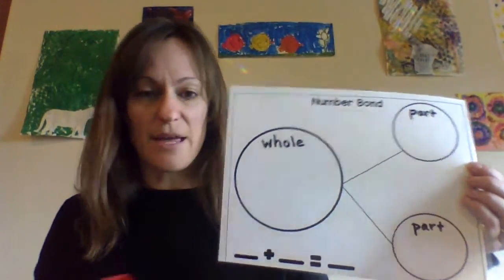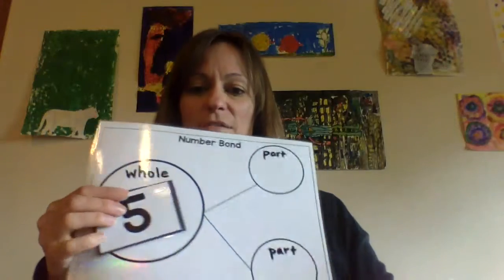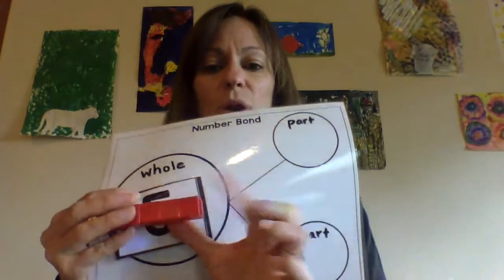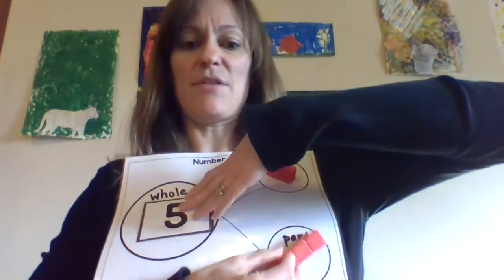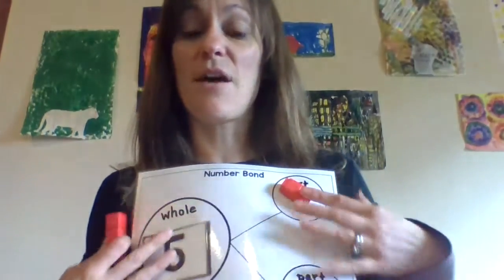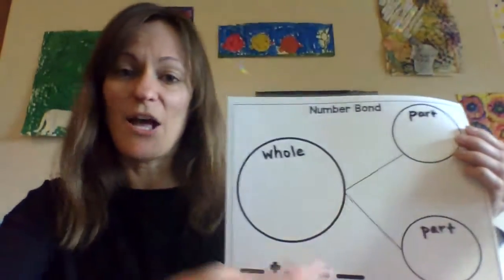So it would be like I had 5 was my whole. And maybe I have 5 of these. And I would break 5 linking cubes into a part. And then I would have another part down here. Okay, so that's how we talk about it. Wholes and parts, and we use number bonds to help us organize that thinking.